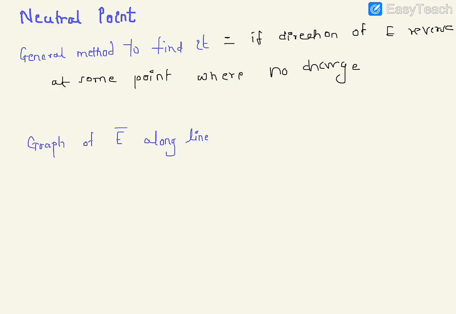If there are many objects, a multi-object system, and each one of them has a charge on it, then at some point in space where there is no charge, if we are moving from one body to the other and the arrow of the electric field line changes abruptly at that point, with a 180-degree change, then that point is known as the neutral point.